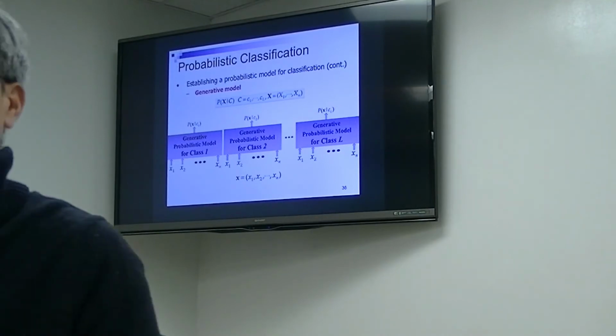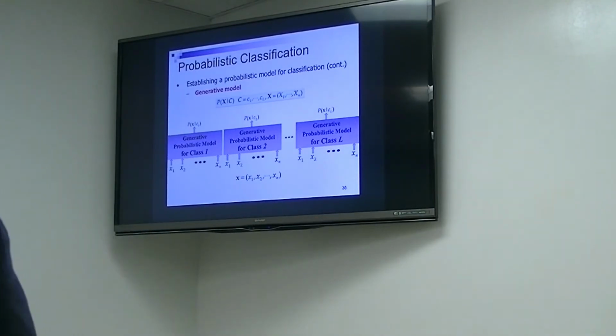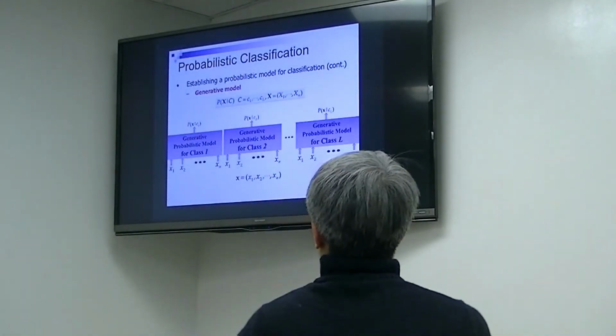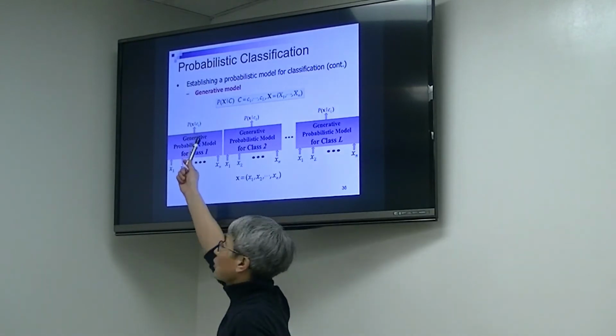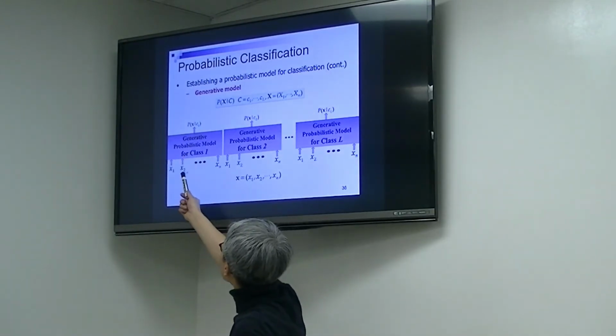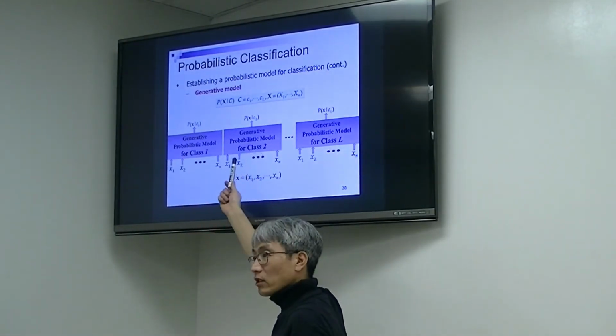At that time, you need to consider whether salary is related to the income. That is the same. Salary is related to the tax. Tax is related to this one. You need to consider the related covariance. It will be very, very complicated. This guy has the number of attributes, x1 through xn.